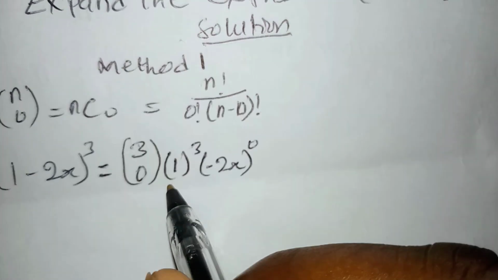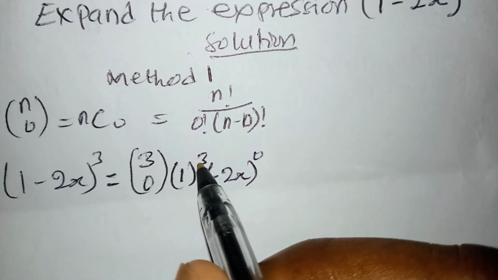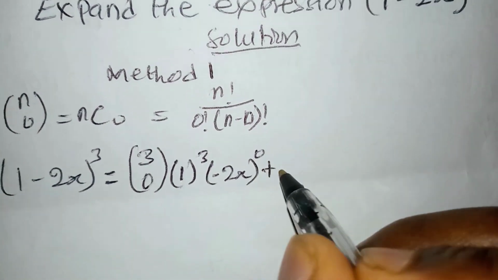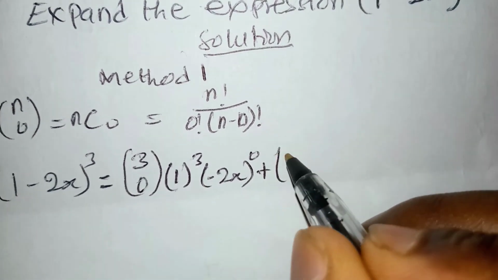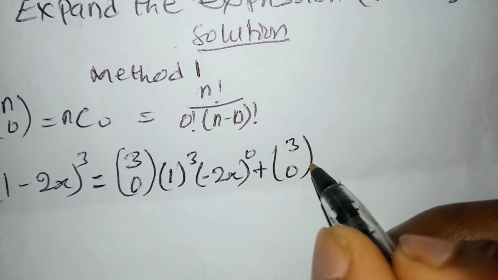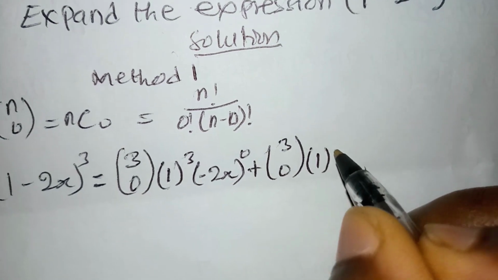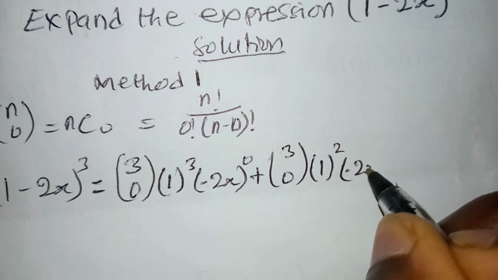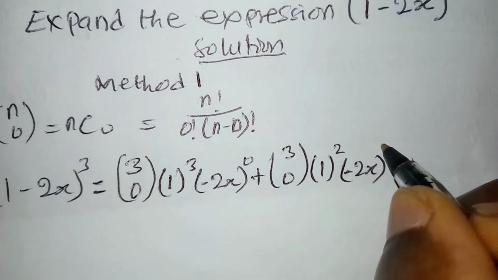Once this first term is decreasing, the second term will be increasing. So our next term will be 3 combination 1 multiplying with 1 exponent 2, then negative 2x exponent 1.